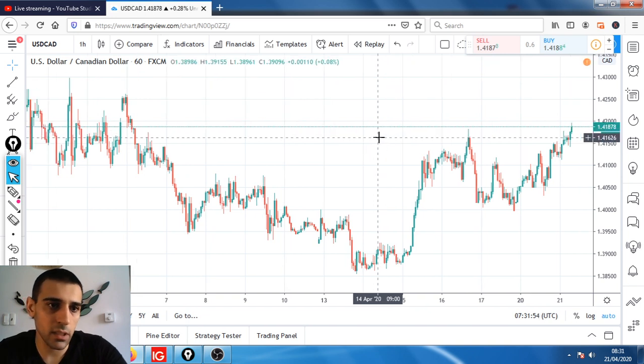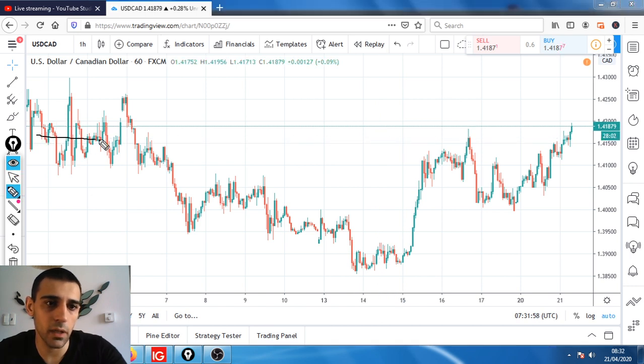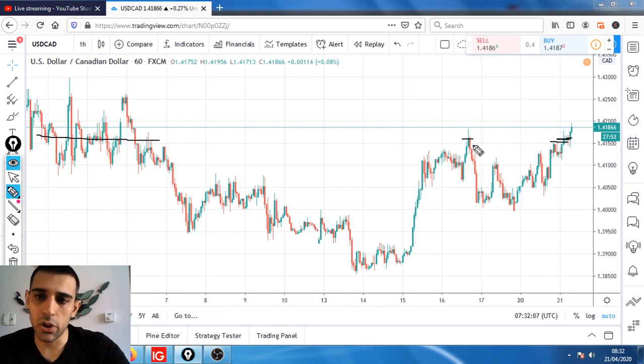If we go a bit further down, this zone is decent. There's loads of price action going on in here, and it also comes with this spike high and up to this area as well. So there's a good chance for this one to find support and then continue shooting up.